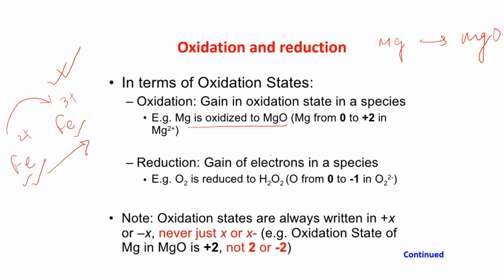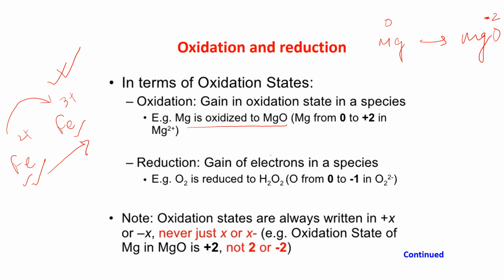But here I'm just telling you the oxidation number. Oxidation number of any element which is uncombined is 0. Now, oxidation number of oxygen is -2, now with the sign.